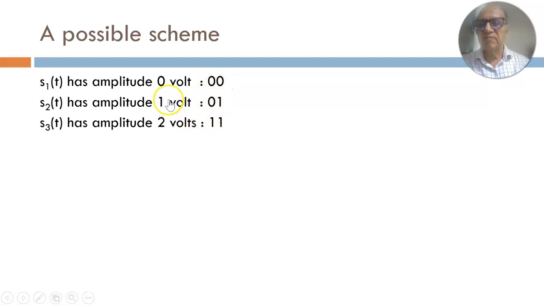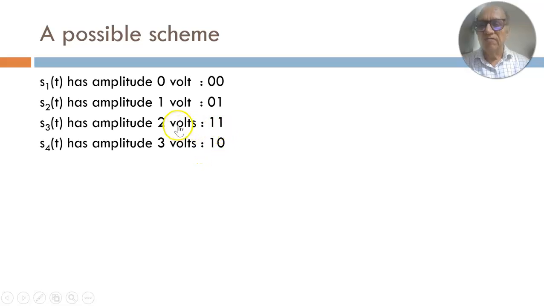The reason for this is whenever the signal is transmitted and received, because of noise there could be an error. So s1(t) may be confused with s2(t). In that case there will be only a 1 bit error. If s2 is confused with s3, again there is a 1 bit error. Now s4(t) has the amplitude of 3 volts and this is 1 0.